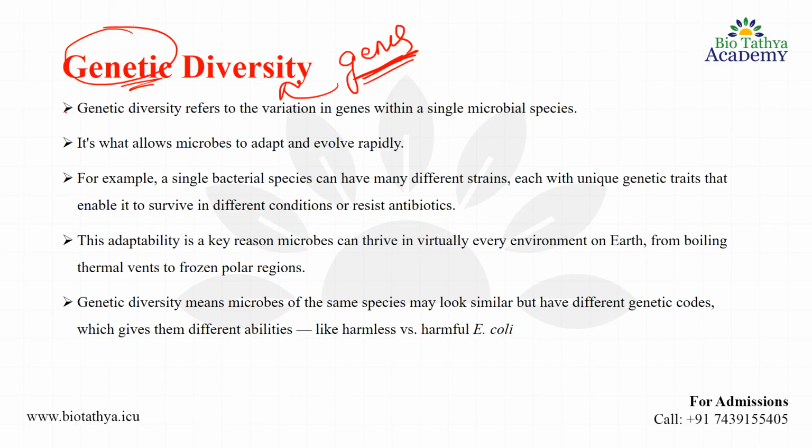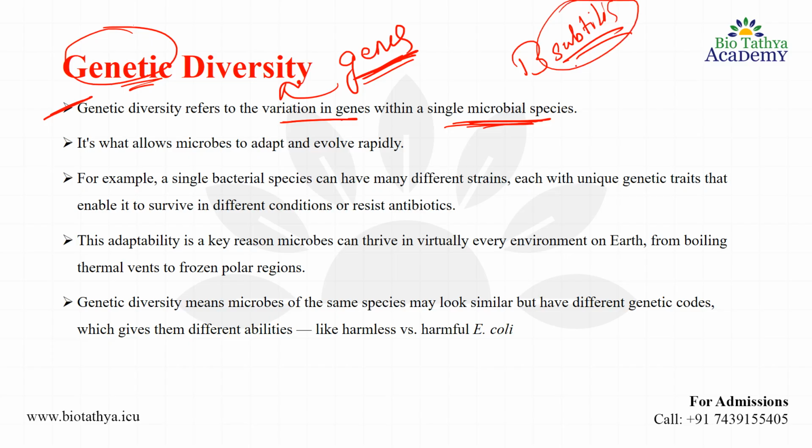The definition is saying that genetic diversity refers to the variation in genes within a single microbial species. Within a single microbial species is like, suppose, B. subtilis, Bacillus subtilis.